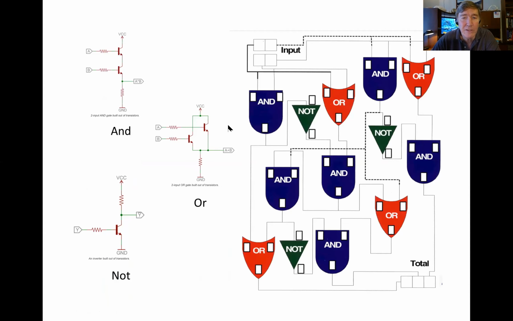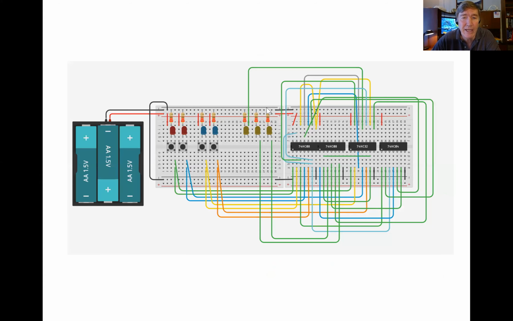Then we learned that it's possible to combine these, schematically at least, into these AND, NOT, and OR symbols. And then we learned that there are these really neat things called integrated circuits. Each one of the four chips that you see right here has a whole bunch of resistors and transistors all packaged inside, where they're all integrated together inside that one package.